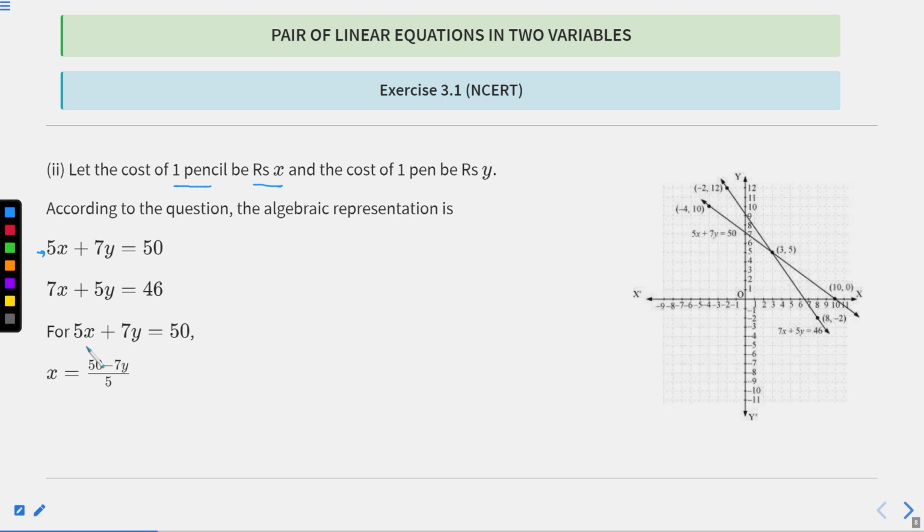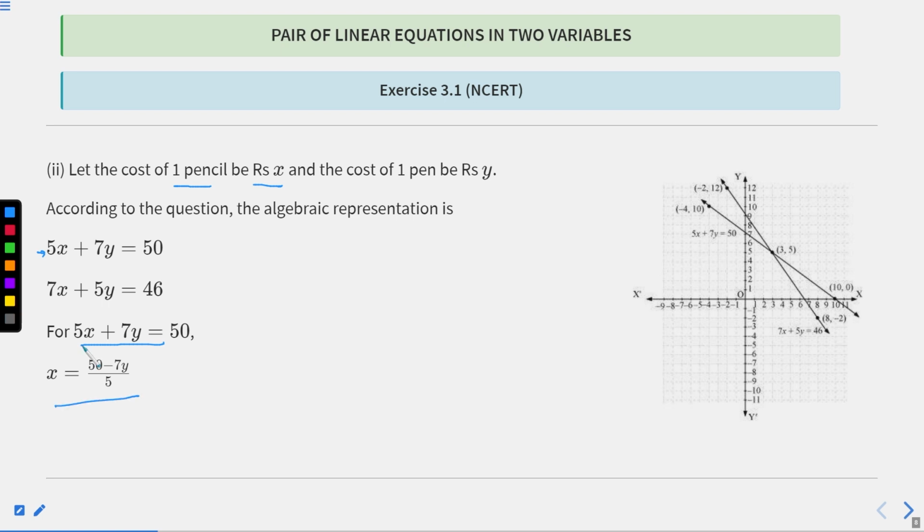So for this equation 5x plus 7y equal to 50, here we can express the variable x in terms of y. Then we'll get x equal to (50 minus 7y) divided by 5.